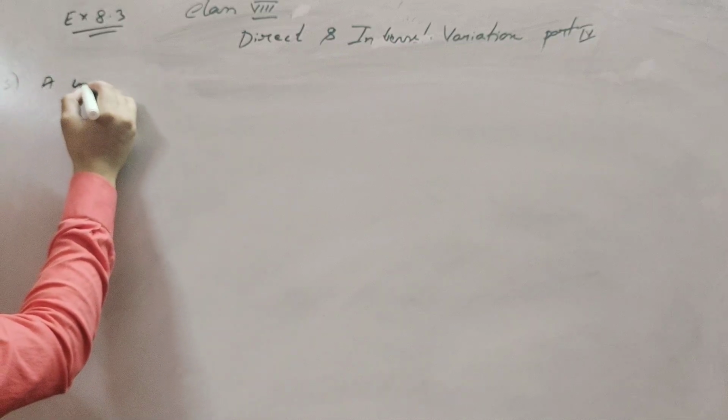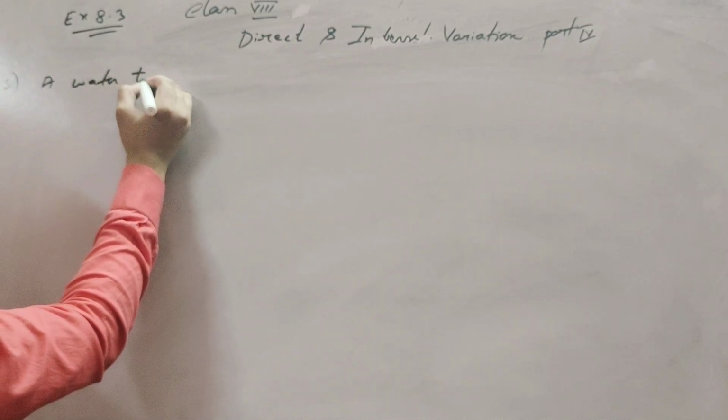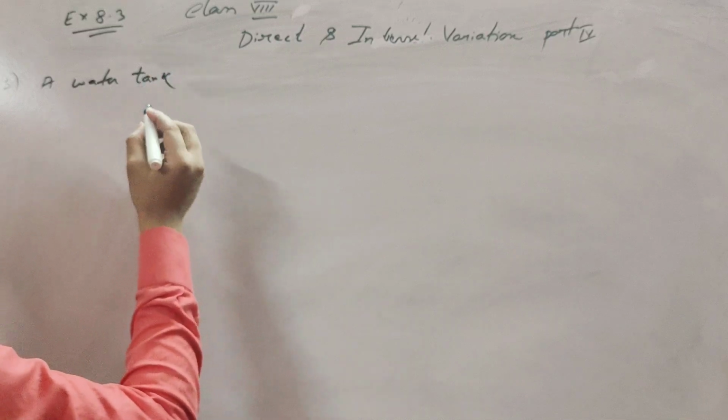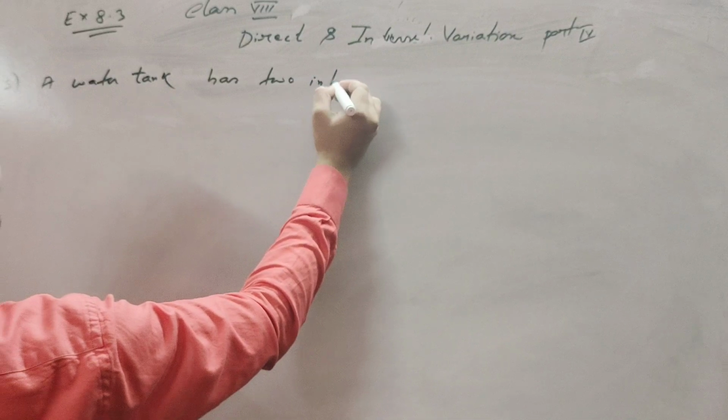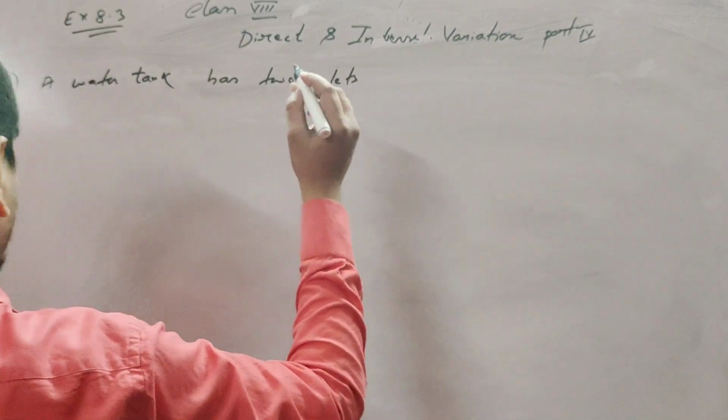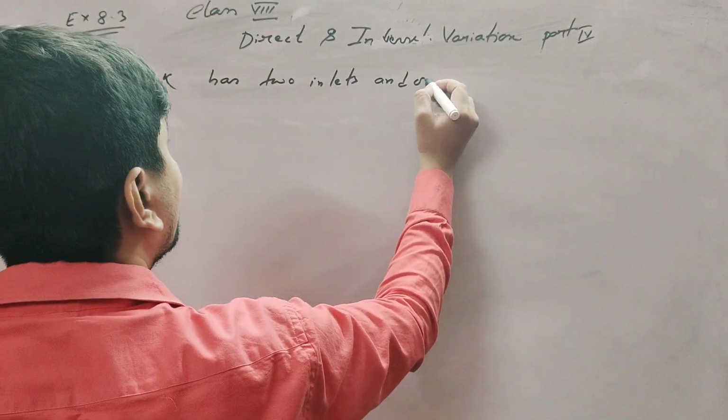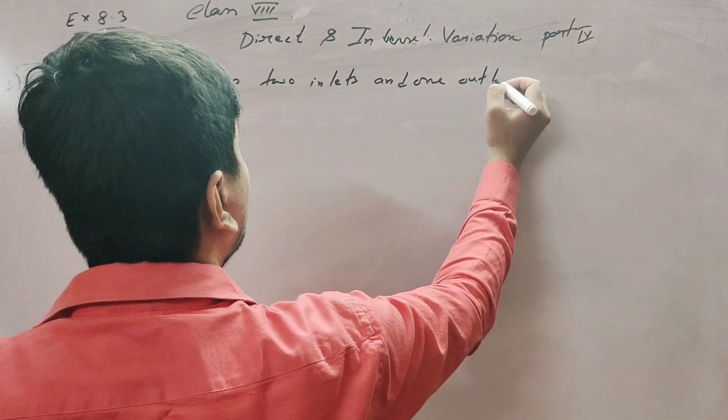Question number 5. A water tank has 2 inlets and 1 outlet.